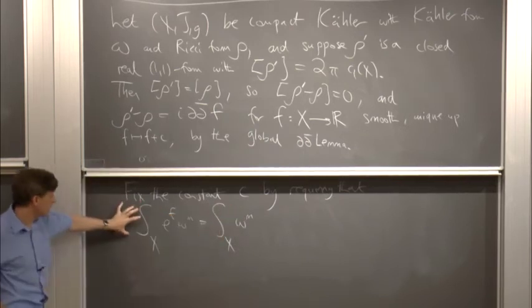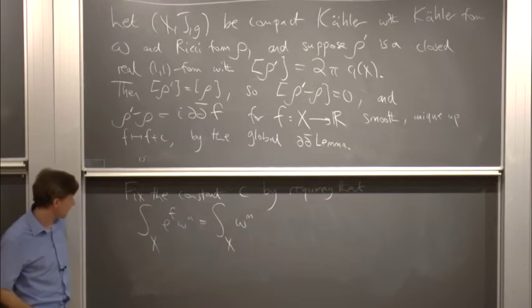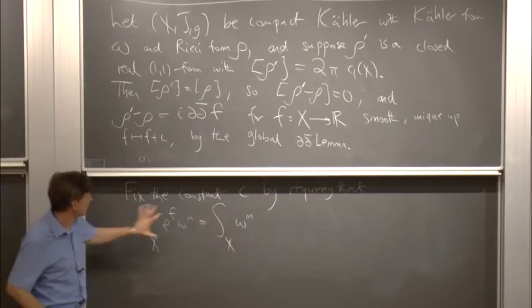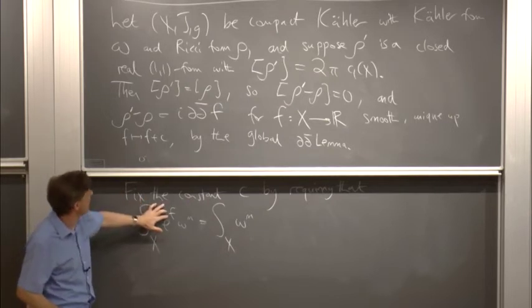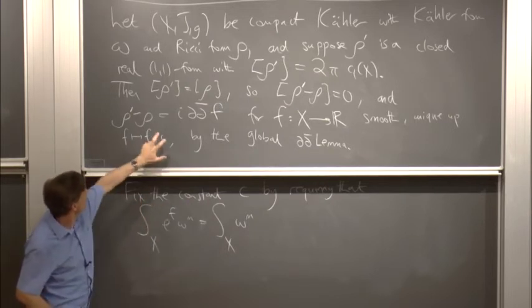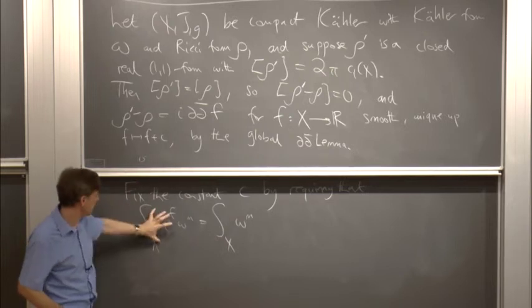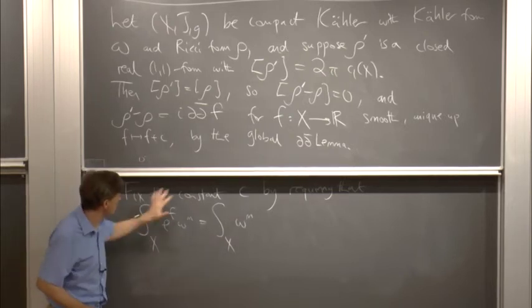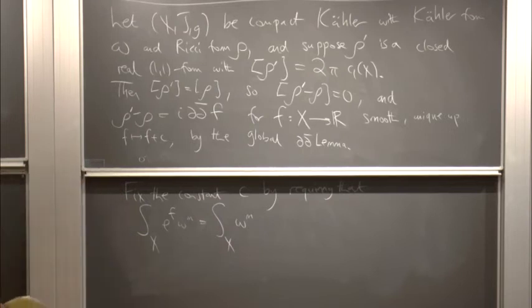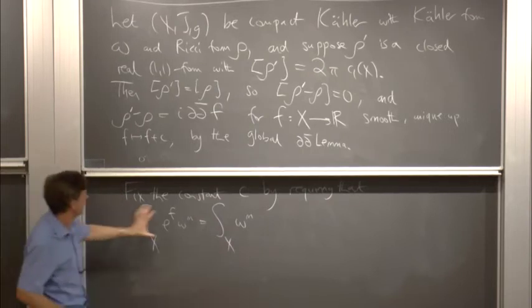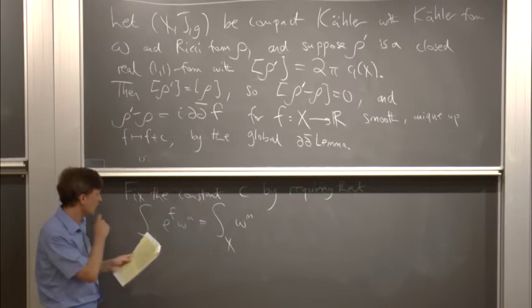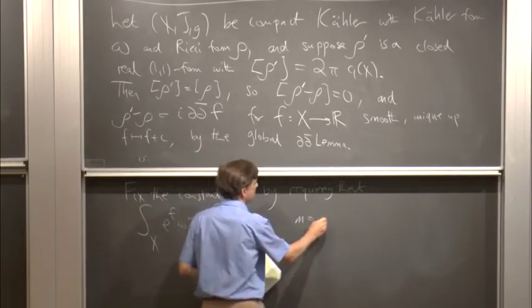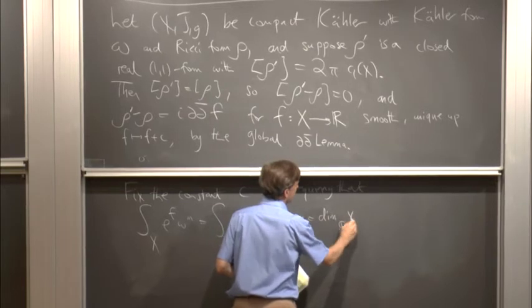That's also a positive number as you're integrating a positive function over X. So the two positive numbers, their ratio is a positive number, the log is a real number, and so basically we add on, if we choose some initial f, we add on the log of the ratio of that, or minus that, to f, and we can arrange this is true for some unique additive constant c, so that fixes f uniquely. Here m is the complex dimension of X.